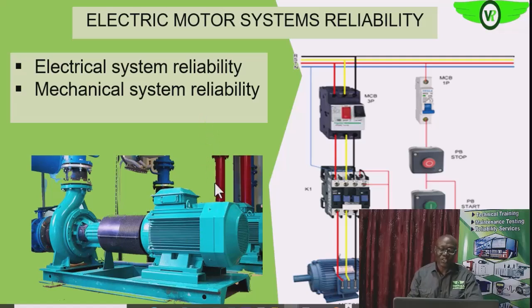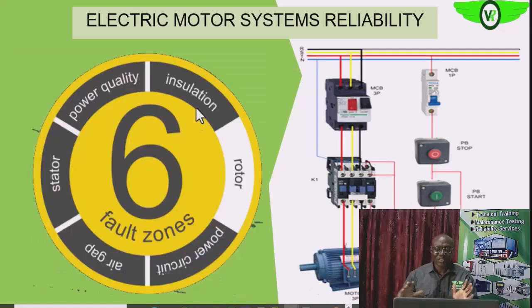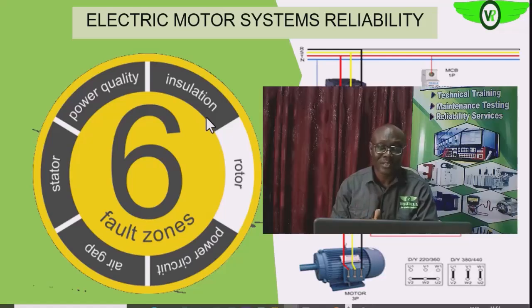But first, let us look at the electrical system's reliability. When we say electrical system, remember we are talking of everything from input power to our electric motor through the control circuitry. We are going to look at the six fault zones of electric motors.